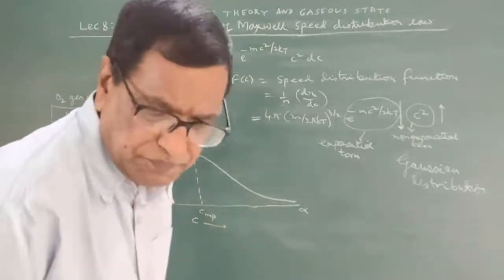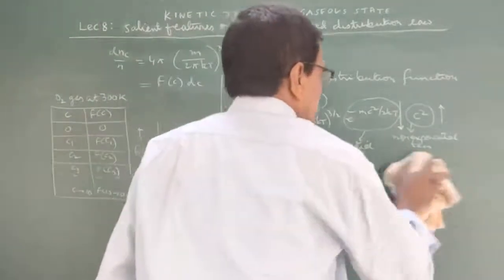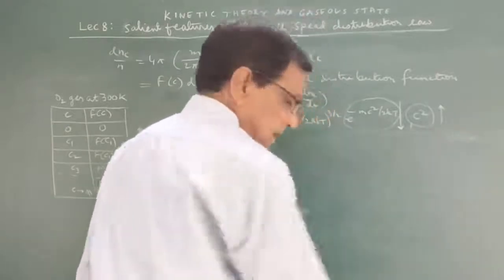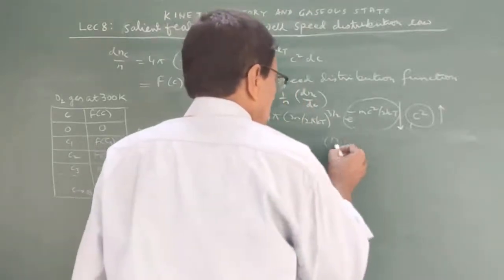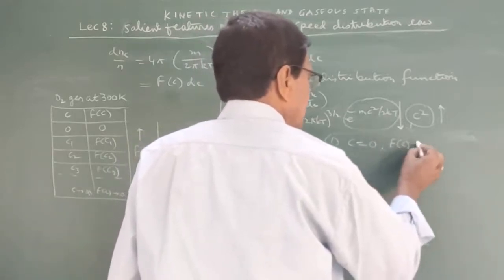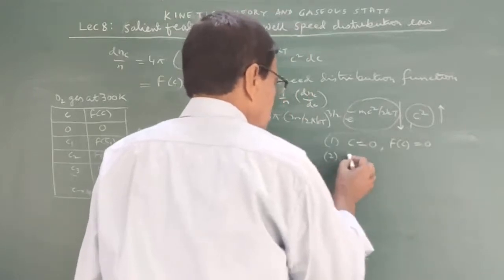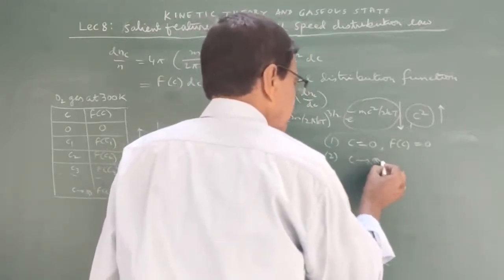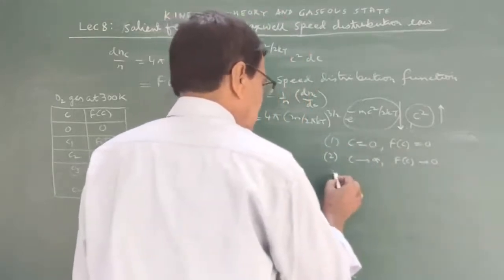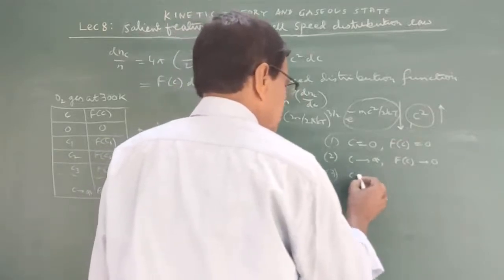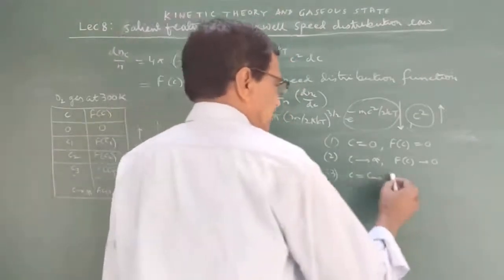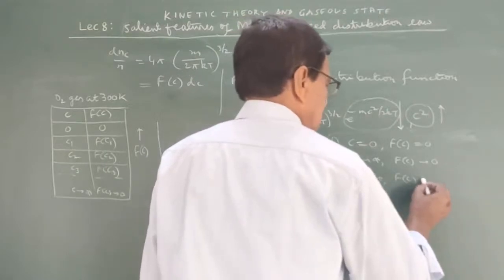So the features come up when C is equal to 0, Fc equal to 0; and the second, when C tends to infinity, Fc tends to 0; and third one, when C equals Cmp, the most probable speed, then Fc is maximum.